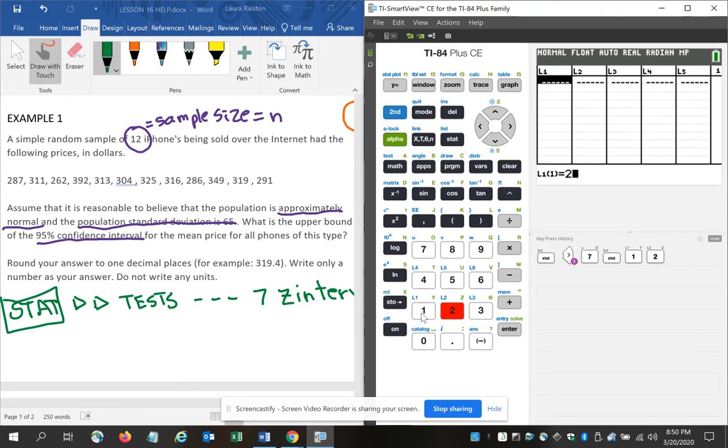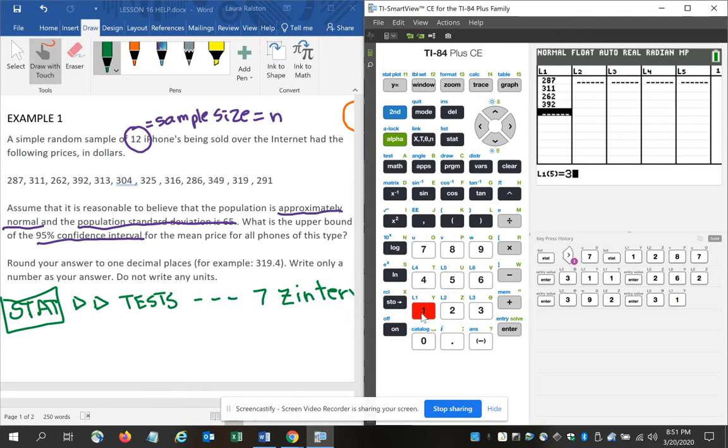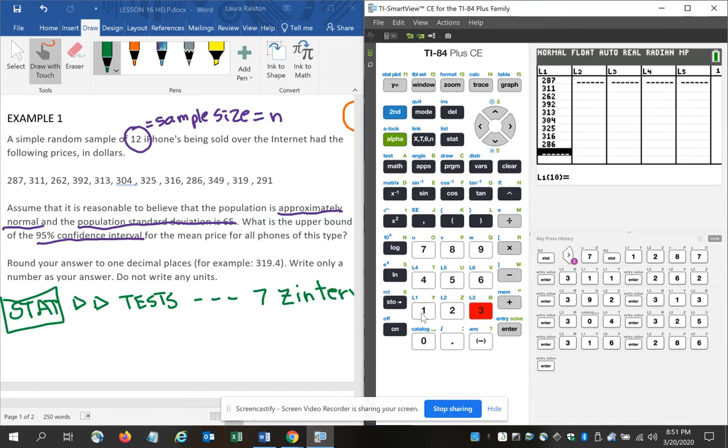So I'm going to enter the numbers 287, enter, 311, enter, 262, enter, 392, enter, 313, enter, 304, enter, 325, enter, 316, enter, 286, enter, 349, enter, 319, enter, and 291. Okay, so now I have that data entered into the calculator.